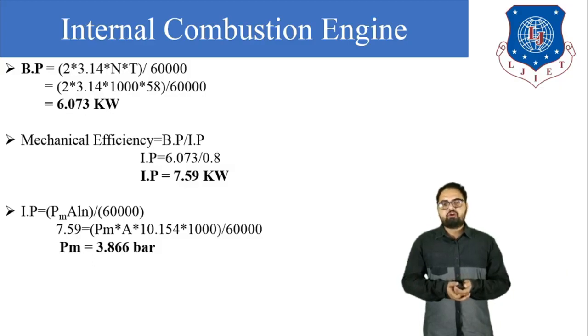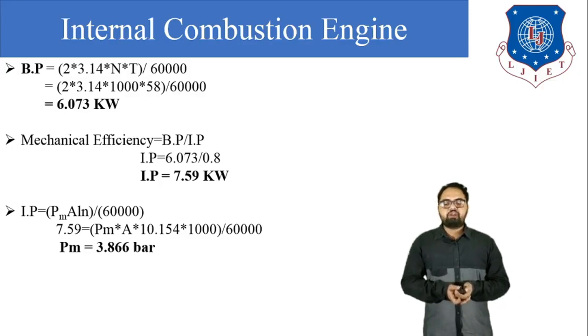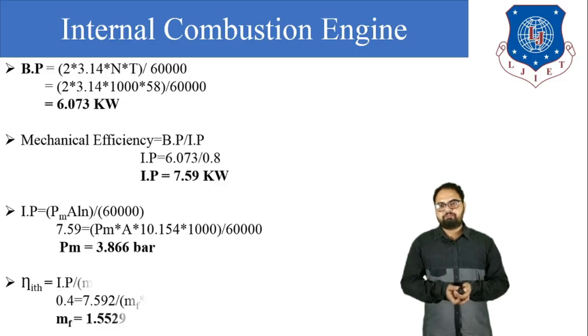The value of indicated power is 7.59 kilowatt, the pressure is PM, the area A is pi by 4 d square, L is 0.10 and RPM is 1000, divided by 60,000. By putting all the values in this equation we get the mean effective pressure as 3.886 bar. So this is the value of mean effective pressure.